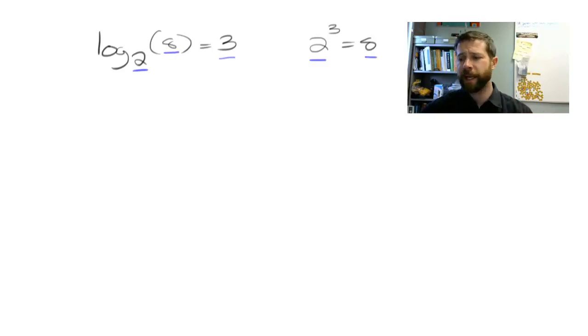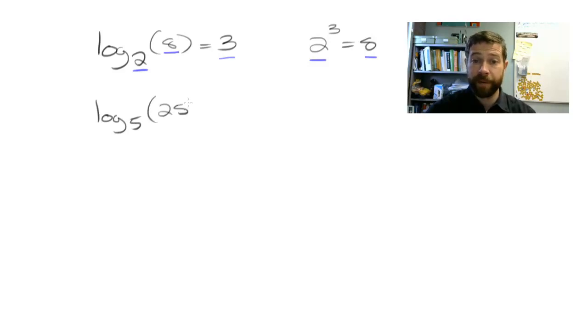And just again, real fast for some review. An easy one would be log base 5 of 25. That's 2, right? Because 5 raised to the second power equals 25. Some not so simple things would be, let's see, log base 4 of 2.